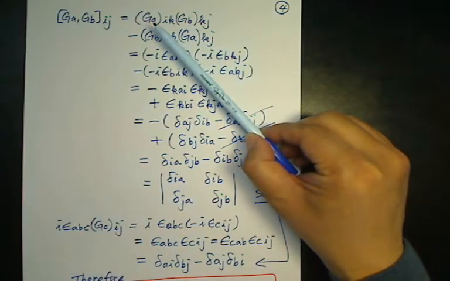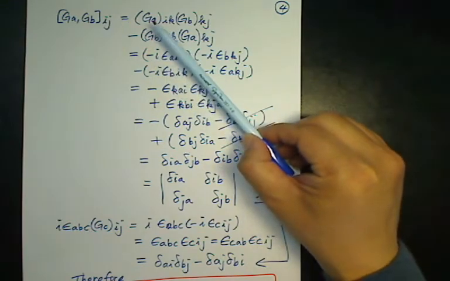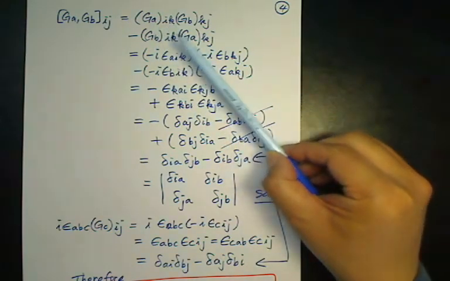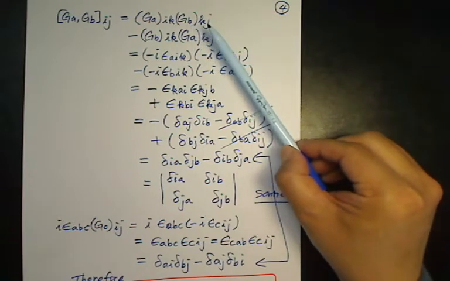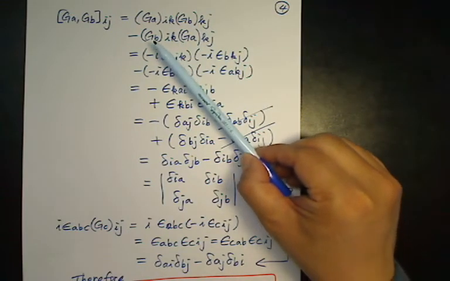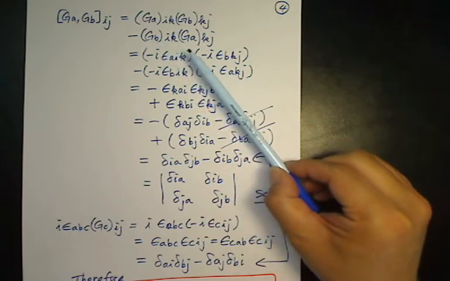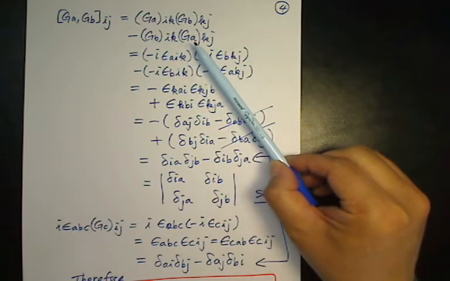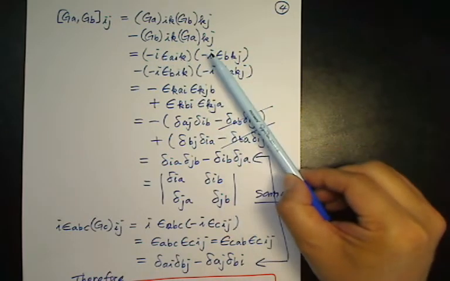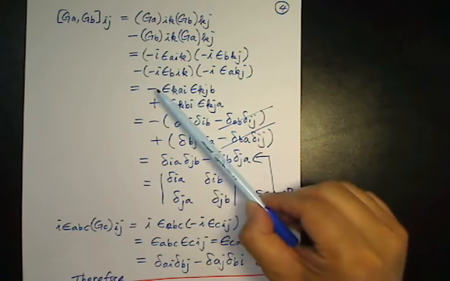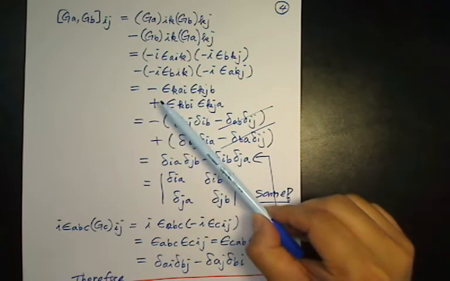Now we substitute the result. This one is minus i epsilon A i k times minus i epsilon B k j minus minus i epsilon B i k times minus i epsilon A k j. Okay, and if I square the minus i, we have a minus sign.